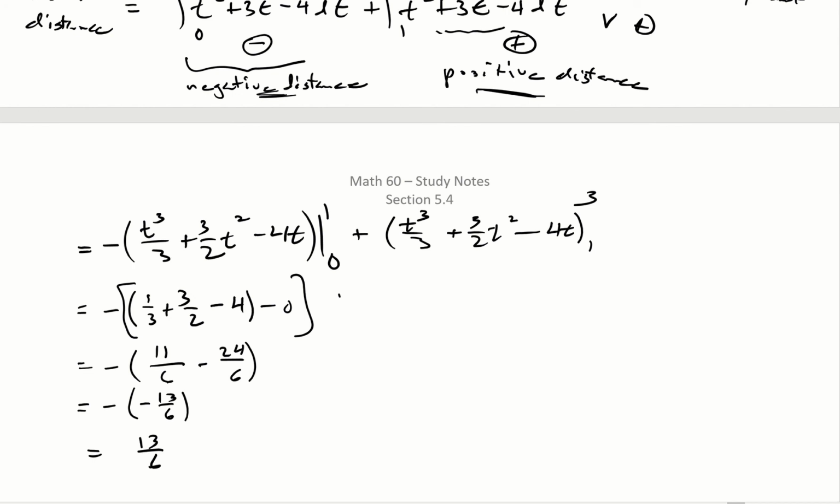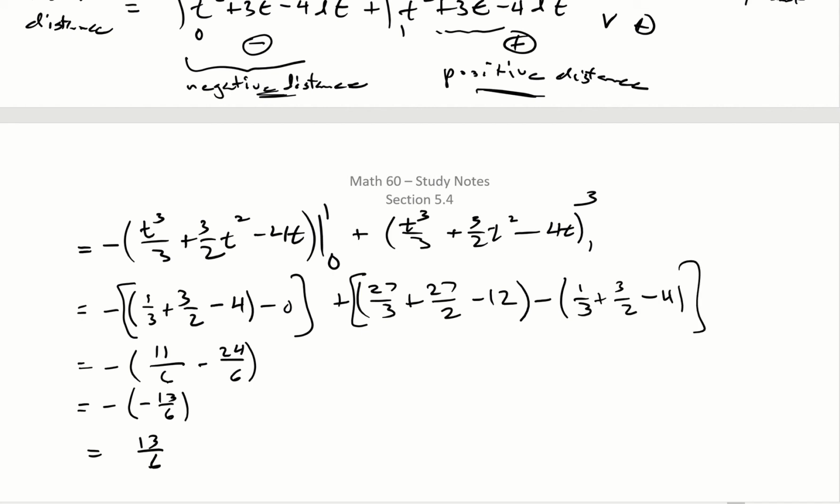Okay, then we go over here. Plus, we take this guy and we plug in 3, and we got 27 over 3 plus, what is that again? 27 over 2. We've seen that number. And then minus 12. But then we have this minus guy here, and if I plug in 1, I got the same number again. I've got 1/3 plus 3/2 minus 4. And you know what? He's negative, which means negative again.